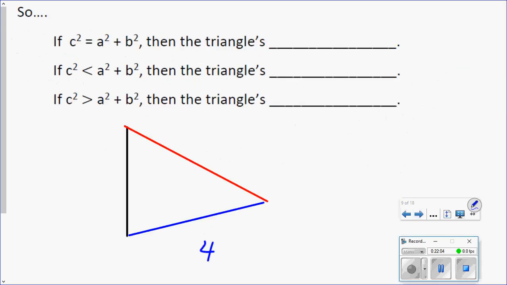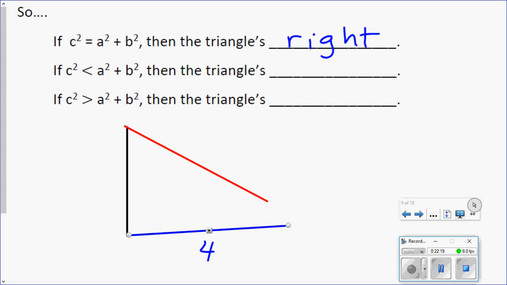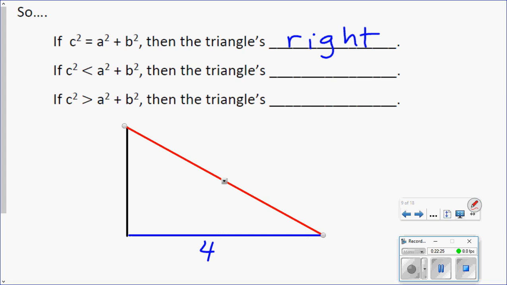Then the triangle's right. But if c squared is bigger, which is the situation we had with 3, 4, 6. So a 3, 4, 5 would look something like this. Okay? 3, 4, 5.